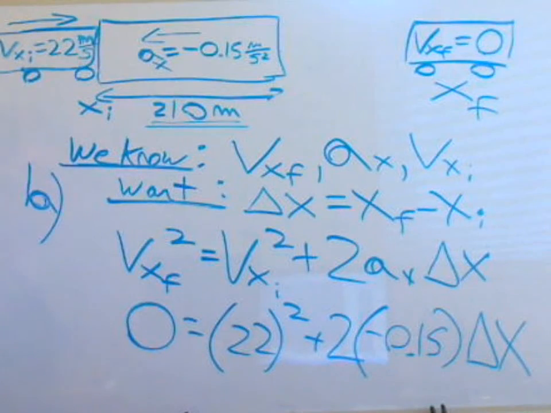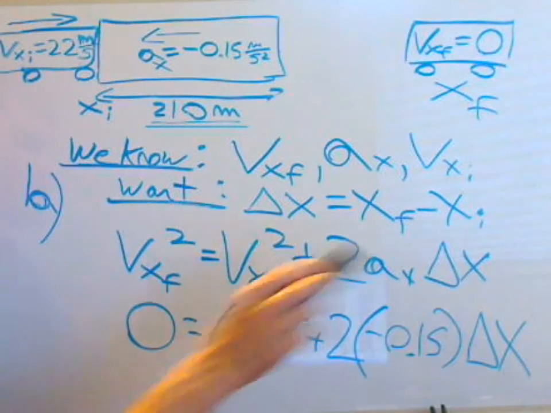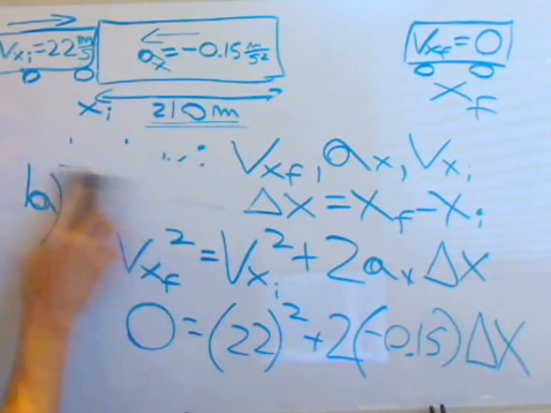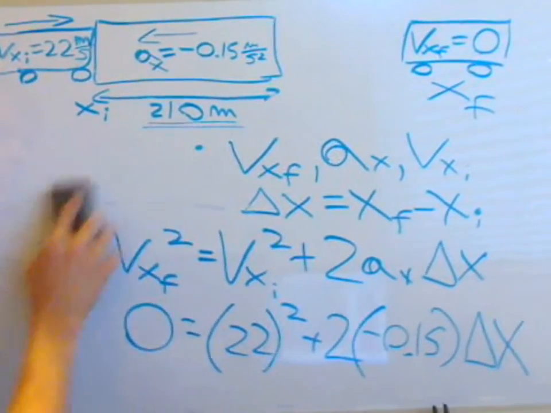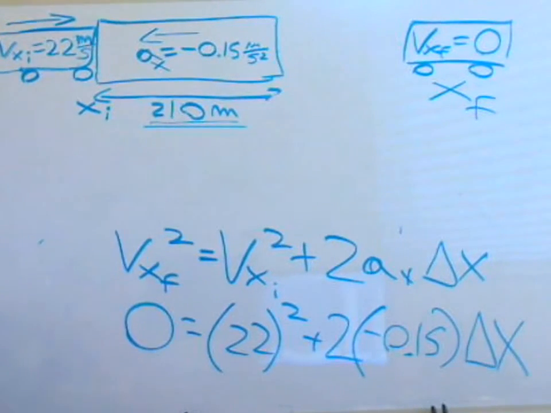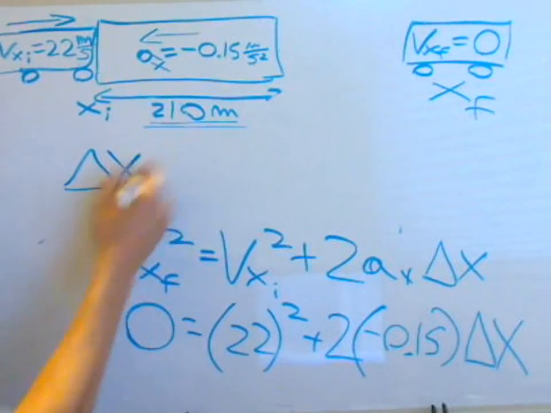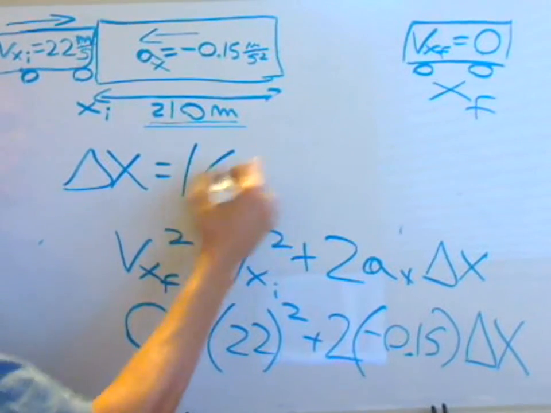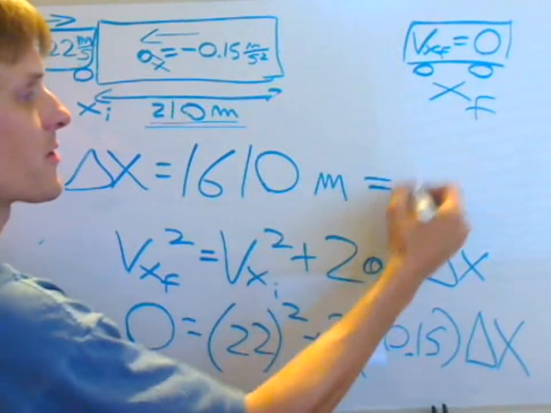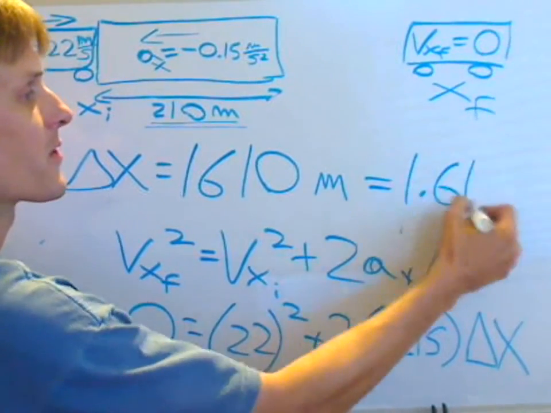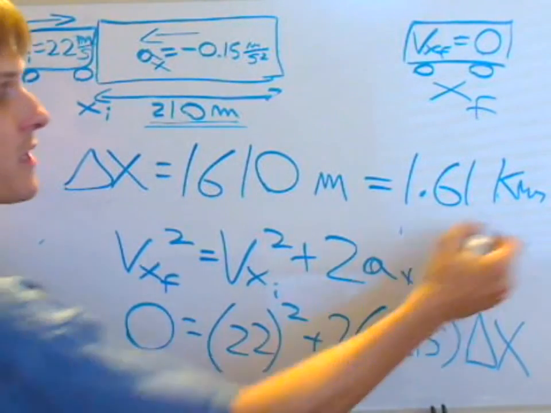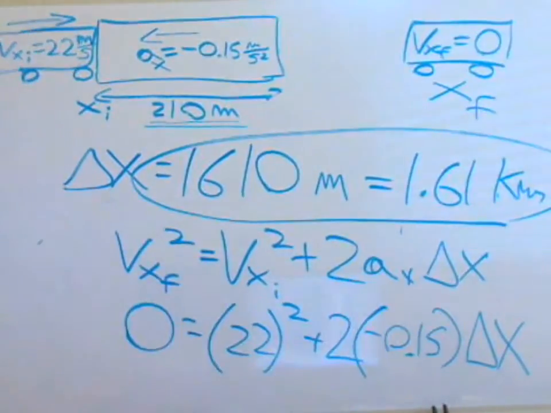And so after you do that algebra, 22 squared, and then you divide by this other stuff here, the answer you get is a stopping distance, delta x, of 1610 meters. Okay? Or in terms of kilometers, that's 1.61 kilometers, or about a mile. So it takes a while for this train to really slow down.